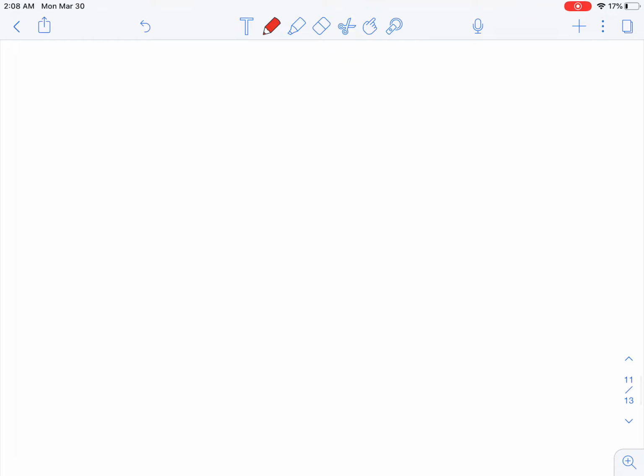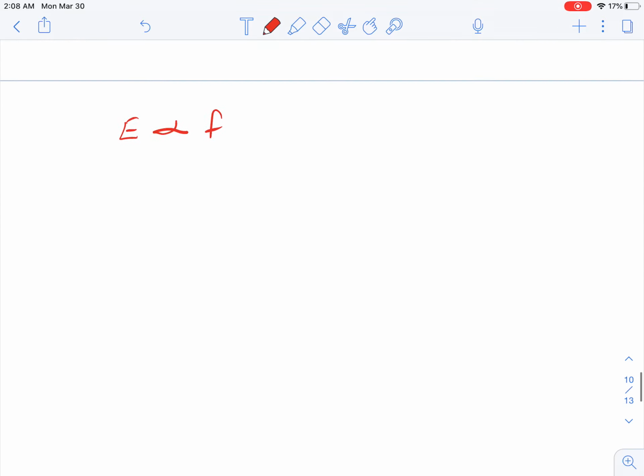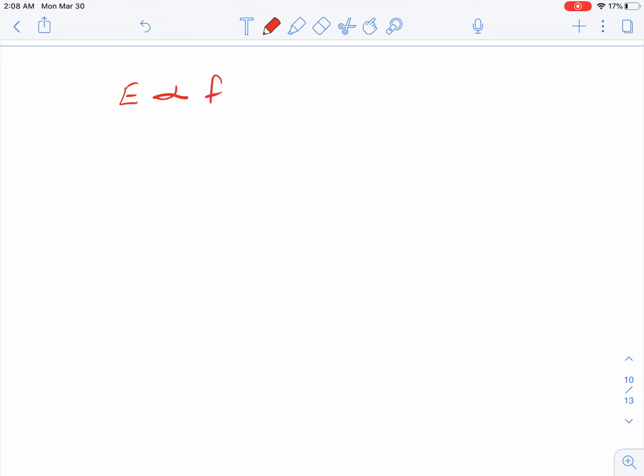So the first thing we were able to get from that top bullet point was we know that our energy is going to be directly proportional to our frequency. This little fish looking sign here just shows that we're going to be proportional.